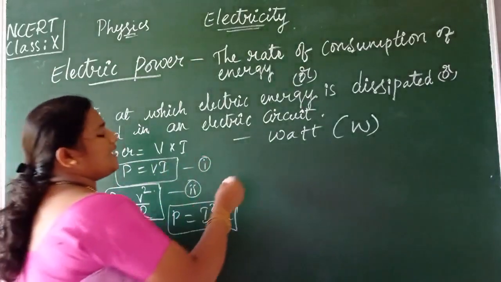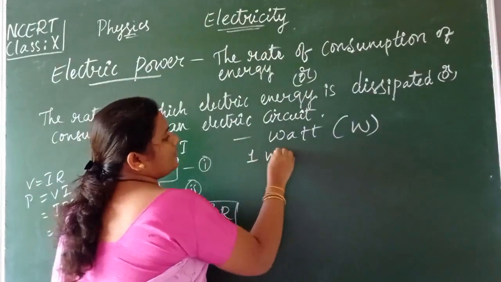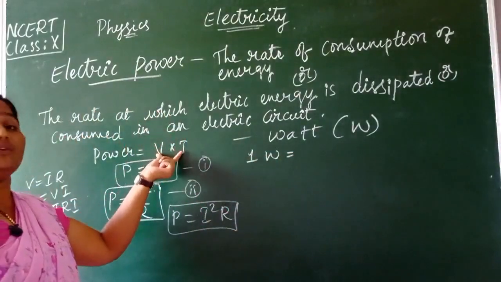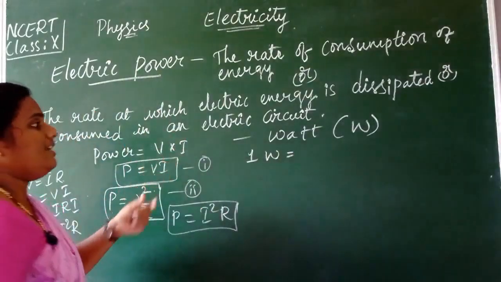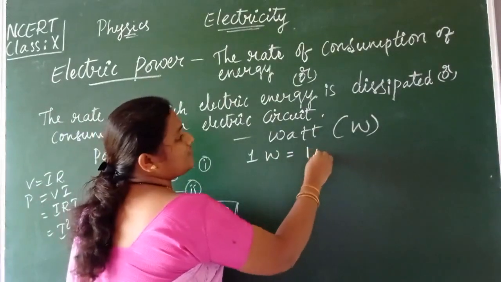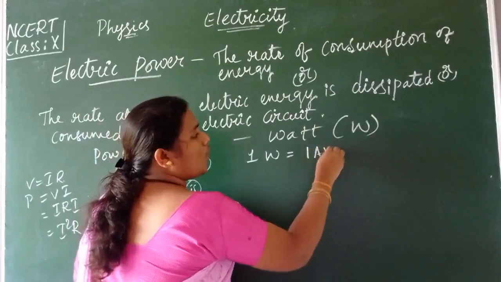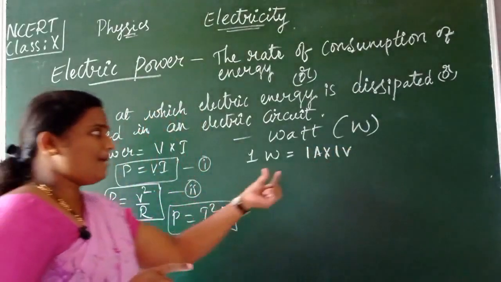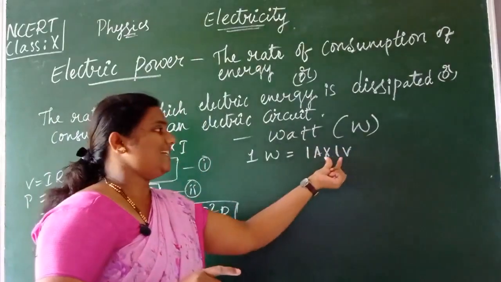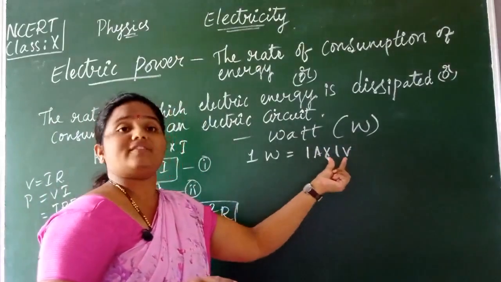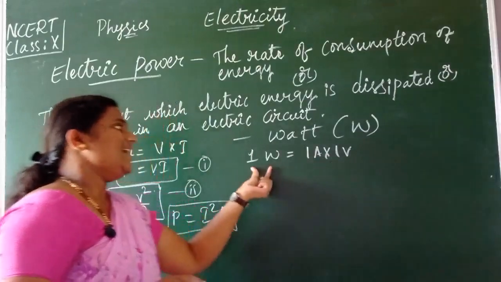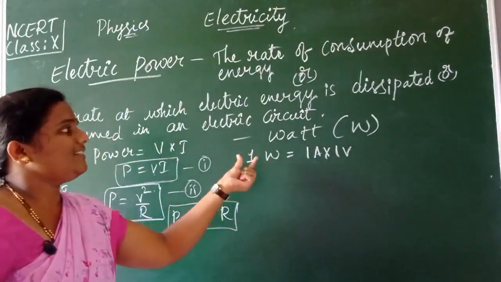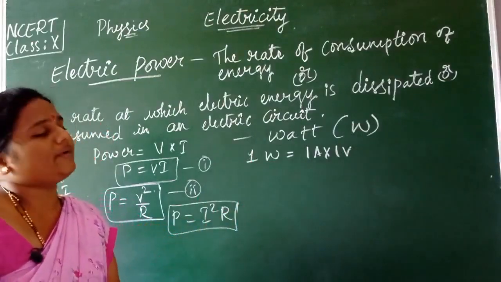And 1 watt is defined as follows: if 1 ampere of current is flowing when it is operated through a potential difference of 1 volt, then it is said to be 1 watt.